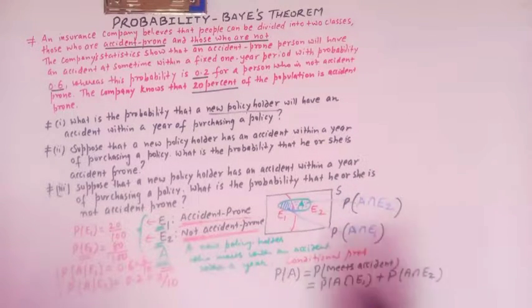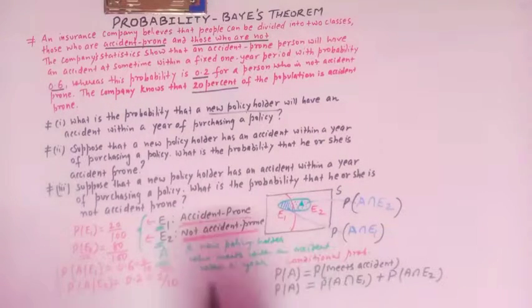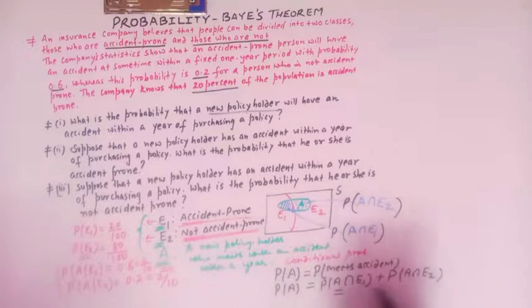The total probability of a new policy holder meeting with an accident within a year is the sum of these two probabilities.